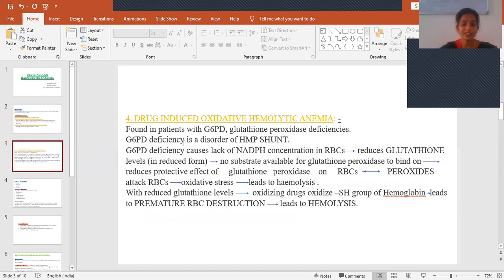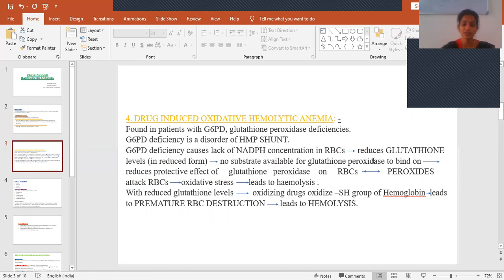G6PD deficiency is a disorder of the HMP shunt that we have seen in biochemistry. Because of this deficiency, there is a lack of NADPH in red blood cells. When the concentration of NADPH decreases, it reduces glutathione levels.